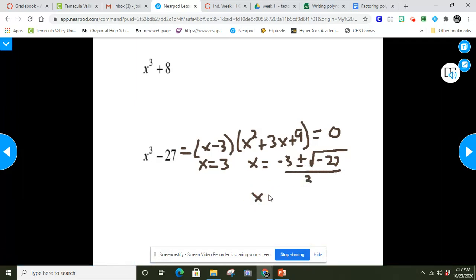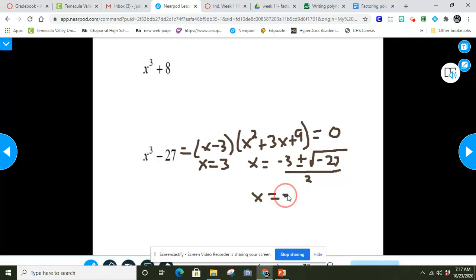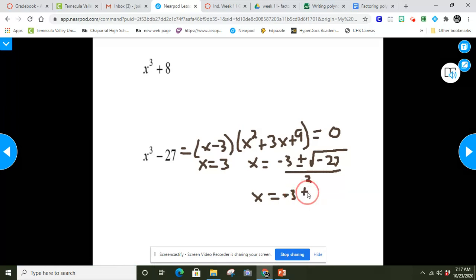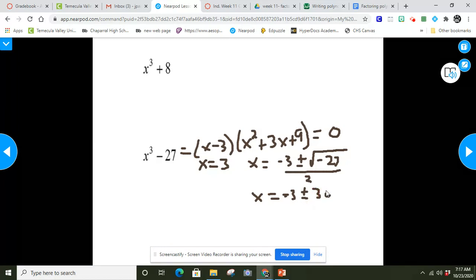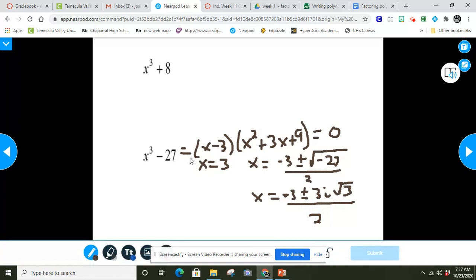So x equals negative 3 plus or minus 3i rad 3, because 27 is 9 times 3, all over 2. So again, I get one real answer and 2 imaginary. Again, a total of 3 solutions, 3 zeros.